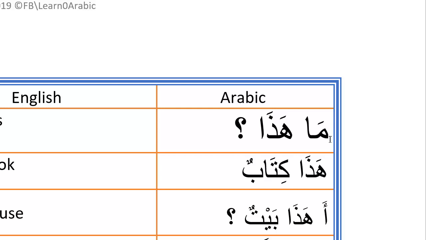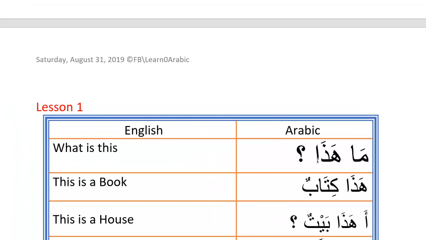Okay, so let's start again. Whole sentence. ما هذا. That's it. ما هذا. What does it mean? What is this? ما هذا in Arabic.